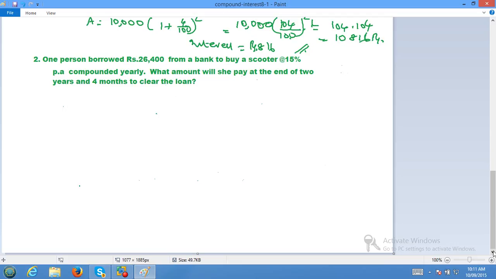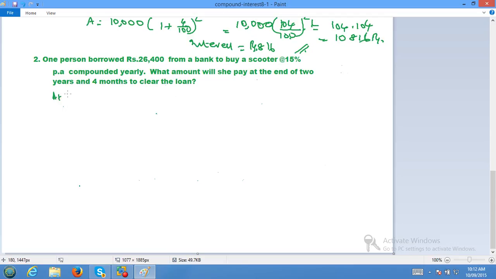What amount will she pay at the end of 2 years and 4 months to clear the loan? So whenever this 4 months comes, you have to do it annually.